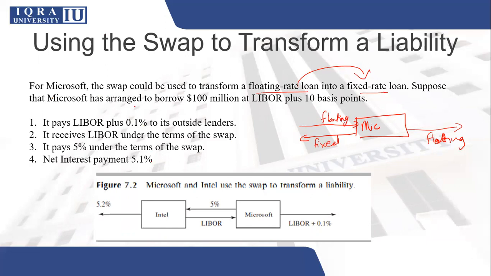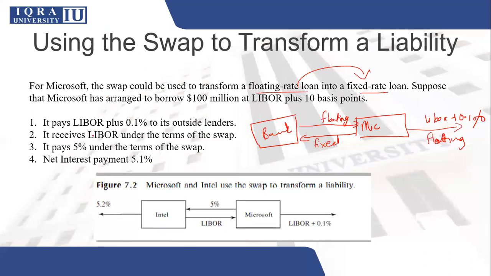Suppose that Microsoft has arranged to borrow 100 million at LIBOR plus 10 basis points. So the floating rate that they are paying to somebody else is LIBOR plus 10 basis points, which means 0.1%. Now, how is this going to work? On the other side, you can have Intel or you can have a bank, anything would work.